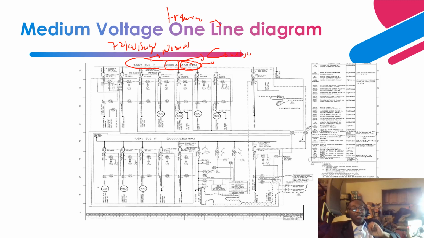Okay, so the 350 MVA is an older system of rating for these switchgears. The newer ones show the rating as 21 kA, 31 kA, 40 kA, 63 kA.